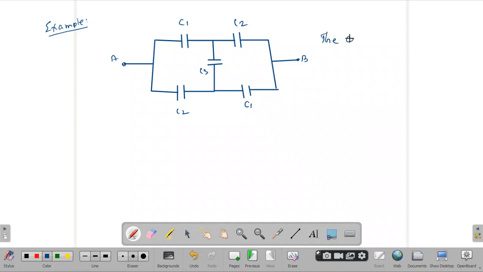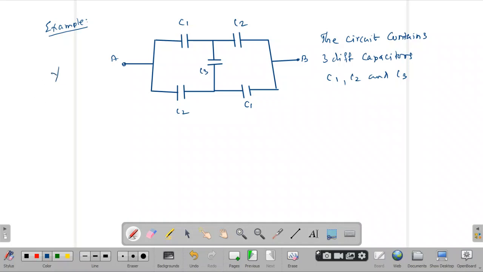The circuit contains three different capacitors C1, C2 and C3.